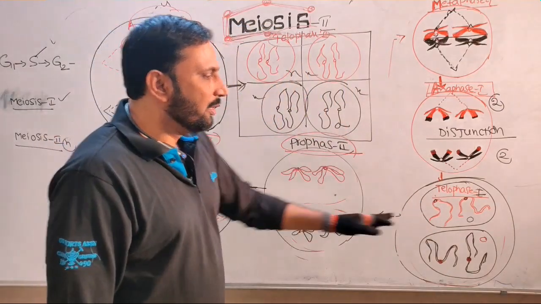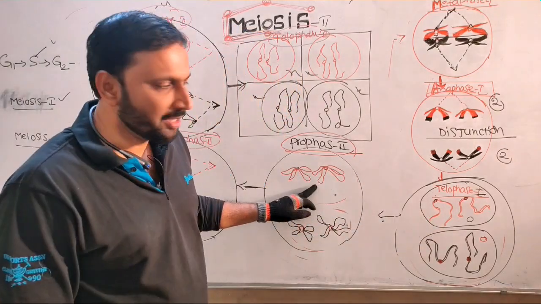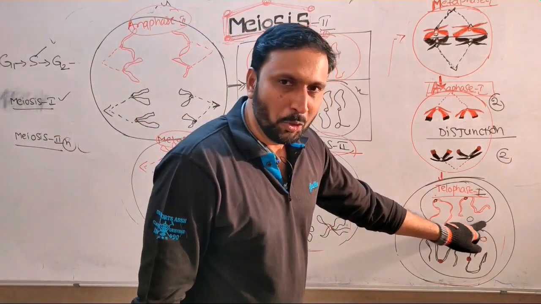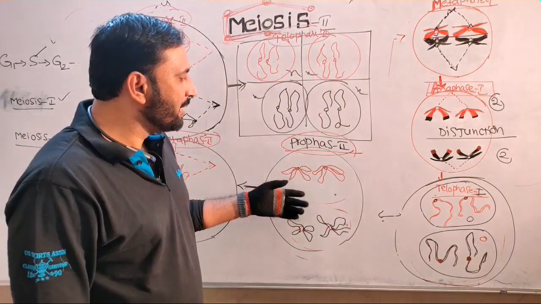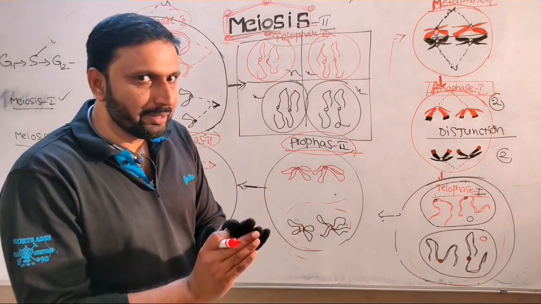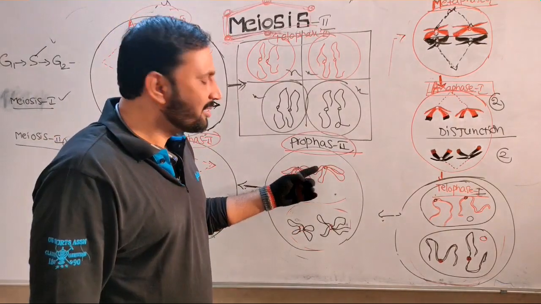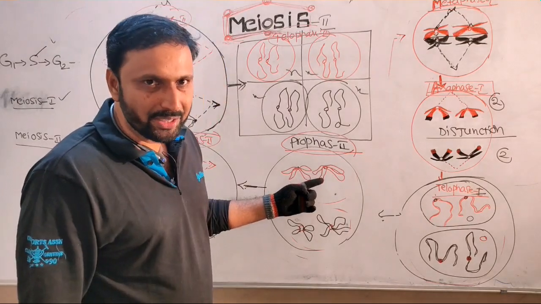Now prophase 2: the long thread-like chromatin material transforms into rod-shaped structures, the nuclear membrane and nucleolus disappear, and all are released into the cytoplasm. Each chromosome contains two chromatids because till now there is no centromere division.